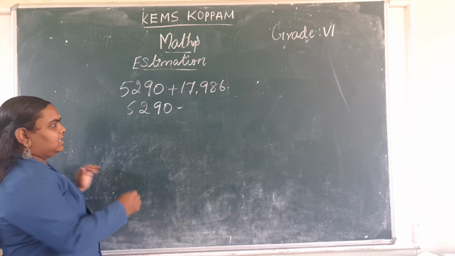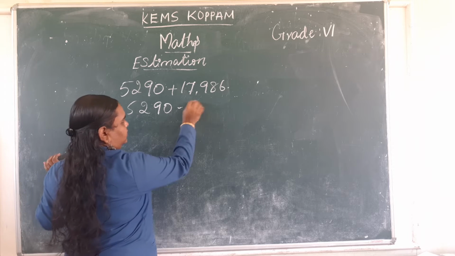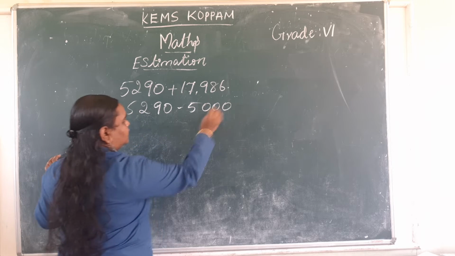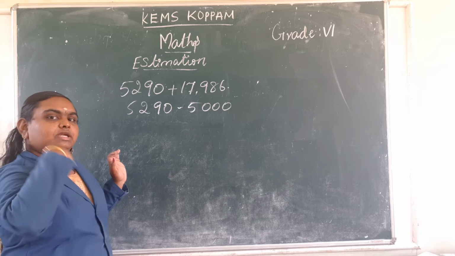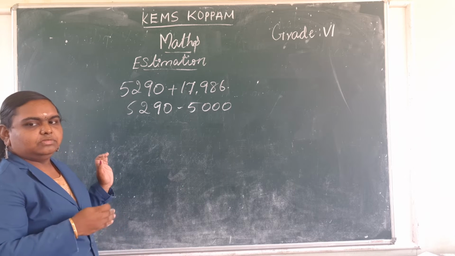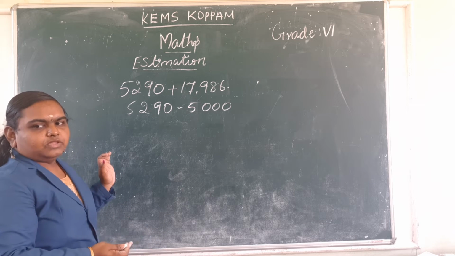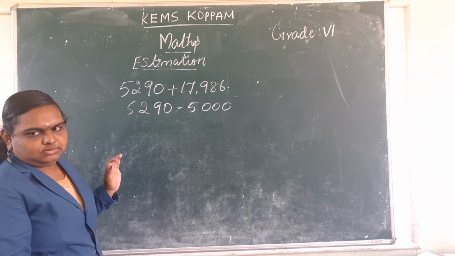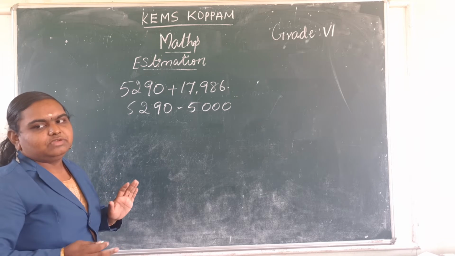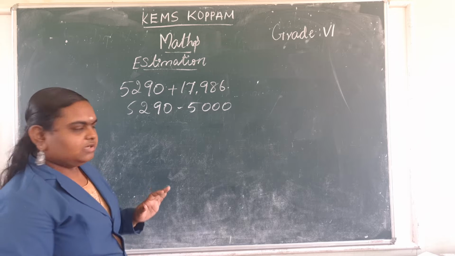So easily we can take 5,000. If you are having 5,500 and above, we can take 6,000. This is the easy way to convert the numbers.